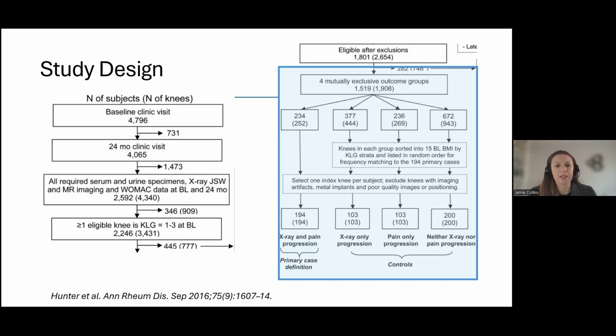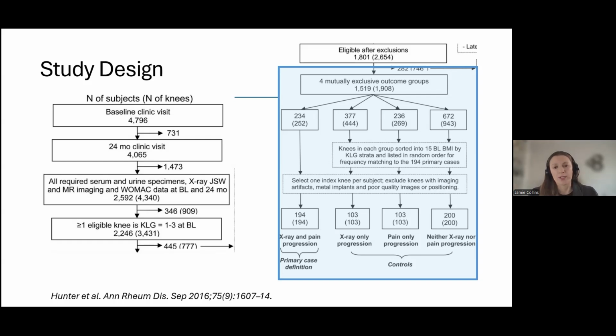I think the main thing to point out here is that this is not a random selection. If you look, for example, at the X-ray and pain progression on the far left here, there were 252 knees that were potentially eligible based on X-ray and pain progression, and 194 of those were selected.